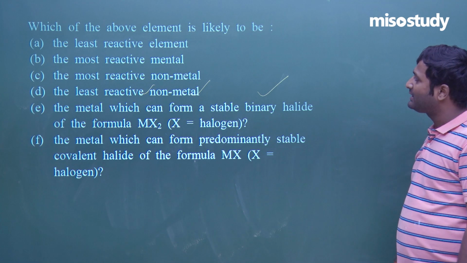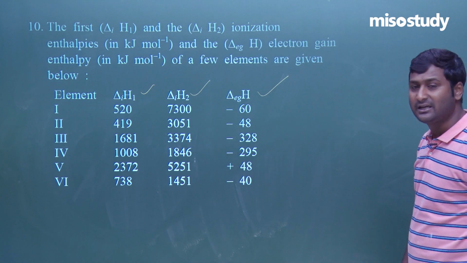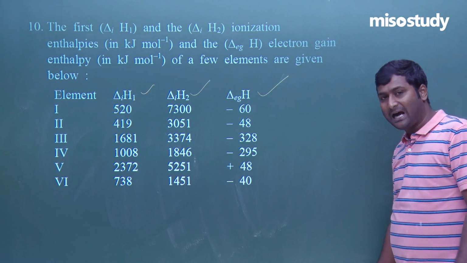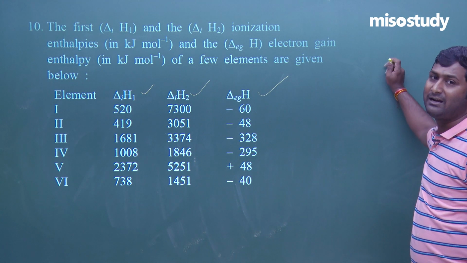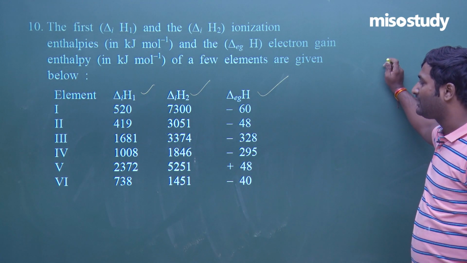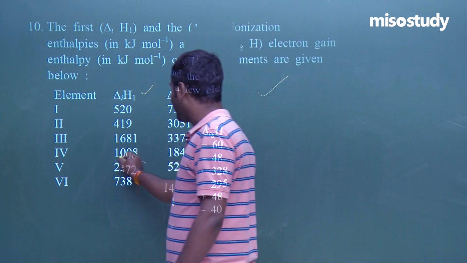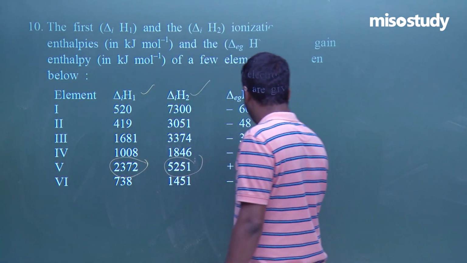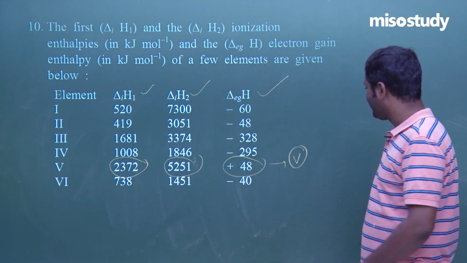Clear to you? Now what is given here? The least reactive element. Which one is least reactive? It should have high value of ionization energy and positive value of electron gain enthalpy. Look at this one, high value of ionization energy and positive value. So we will say the fifth one is least reactive.